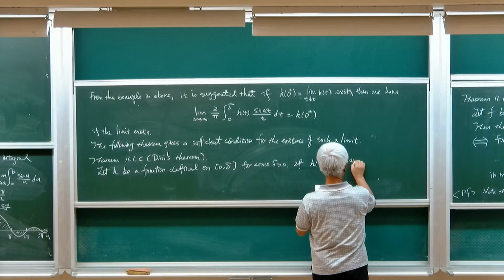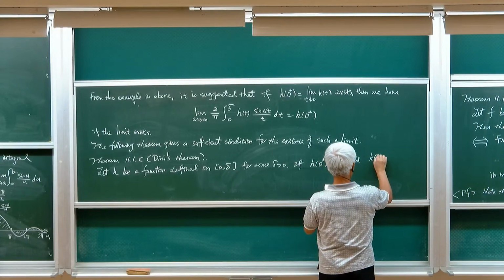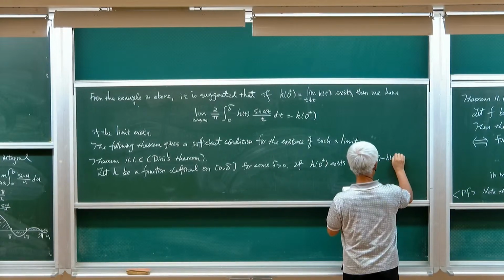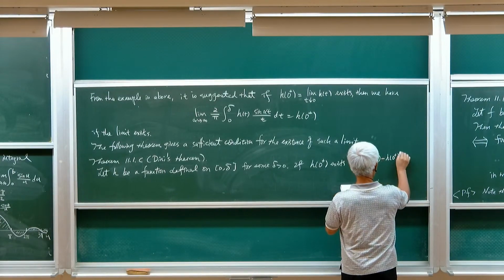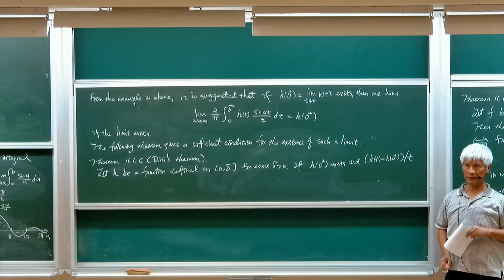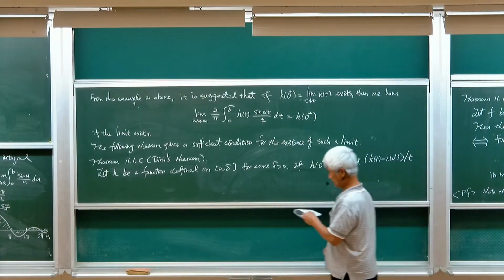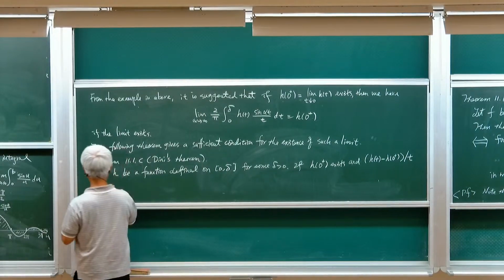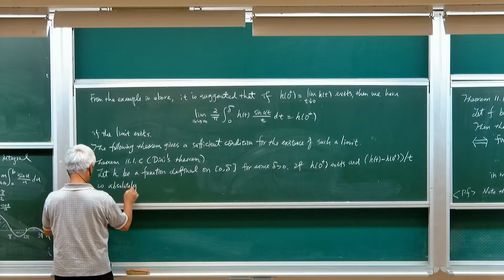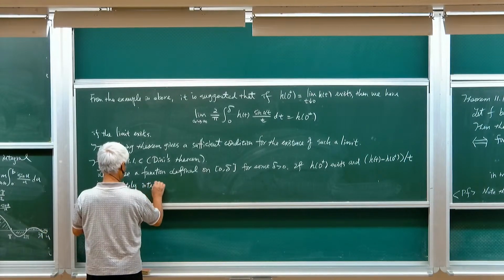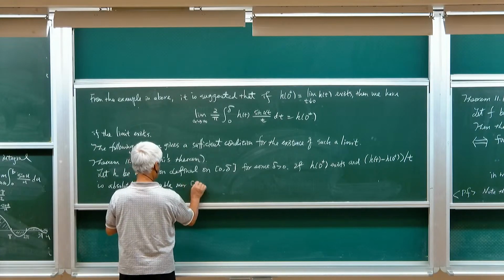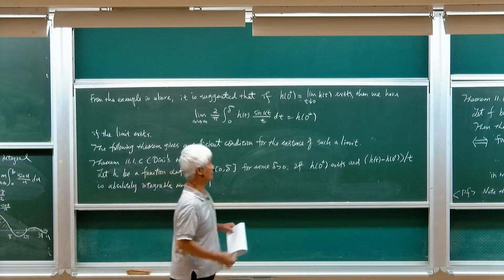And the difference of the function h from this limit, divided by t, is absolutely integrable over 0 to delta. Okay.